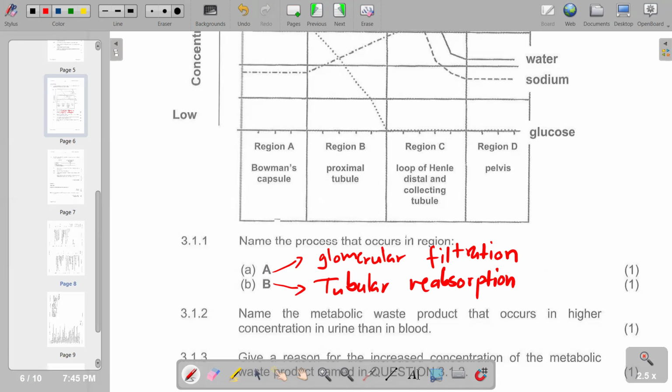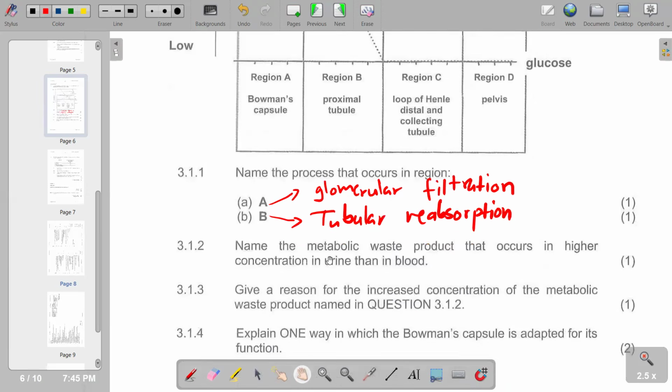So basically, this is what we have on this part. Then you go to next part, 3.1.2. Name the metabolic waste product that occurs in high concentration in urine than in blood. So you'd see that this is urea.